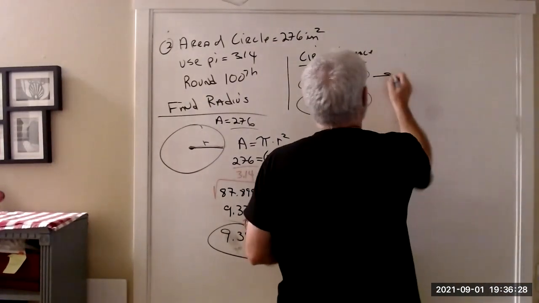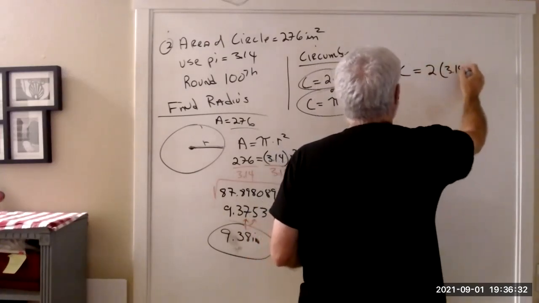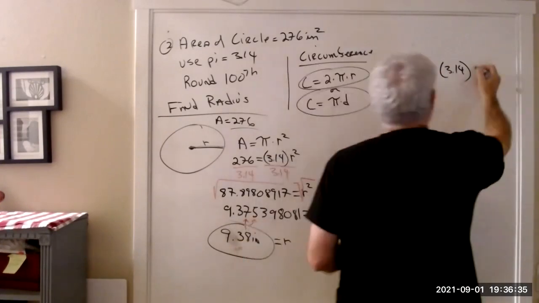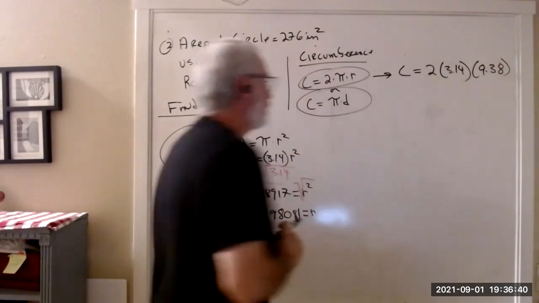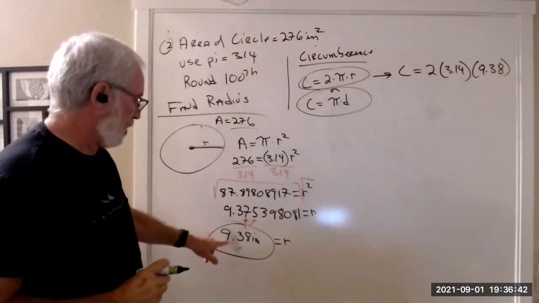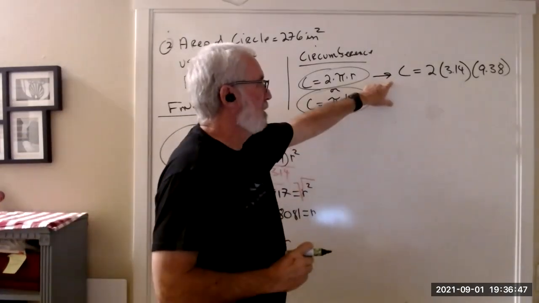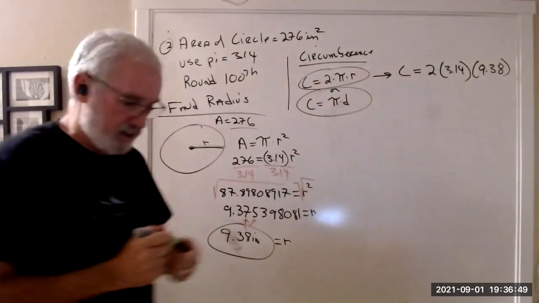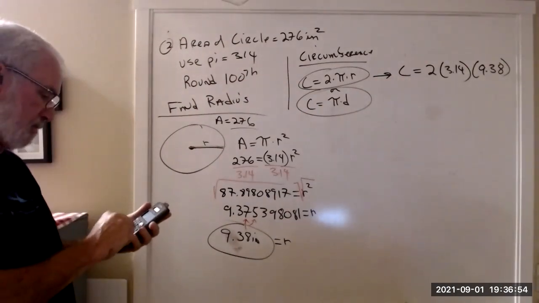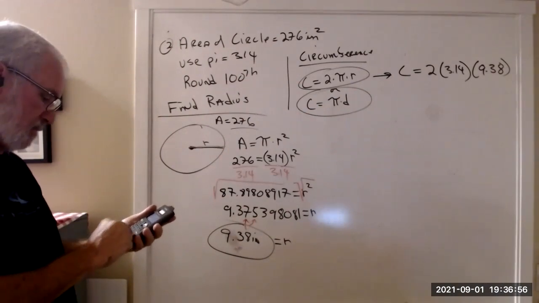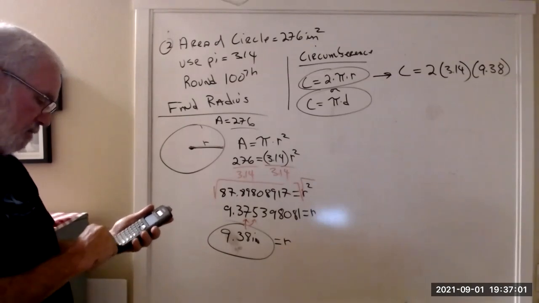So plugging in what we have, circumference is 2 times 3.14 times 9.38. We figured out the radius, so we're going to use it up here in this formula. And that's just a matter of cranking all that on your calculator. So 2 times 3.14 times 9.38.